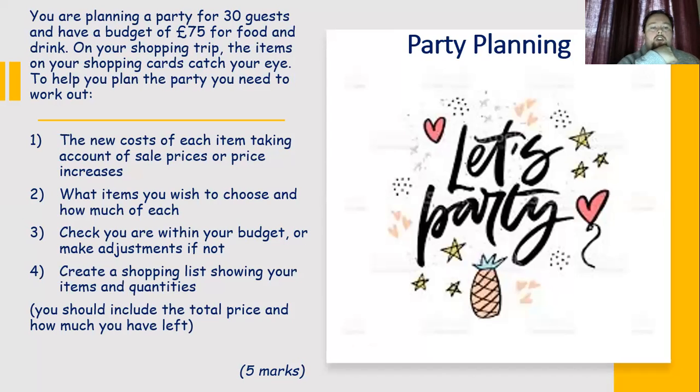Check you're in budget and create a shopping list. You then give yourself 5 marks. At this point, I'm going to ask you to pause the video and start working through this. If you're not sure on percentage increase and decrease, I will cover that in a separate video.